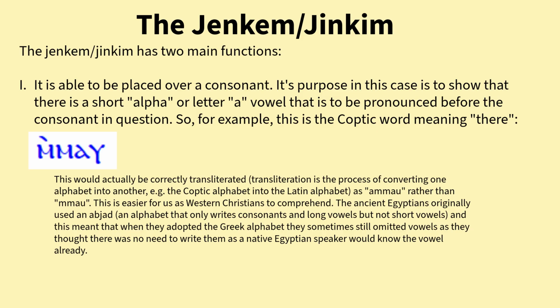So, for example, this, which is written below, is the Coptic word meaning there. Ammau. So imagine the diacritical mark being as if it was written the letter A before the M, as if this word was spelt A-M-M-A-U, and it is pronounced am-mau, meaning there.